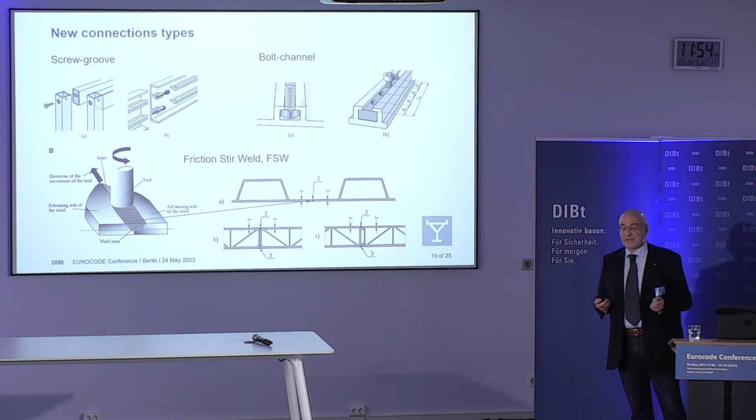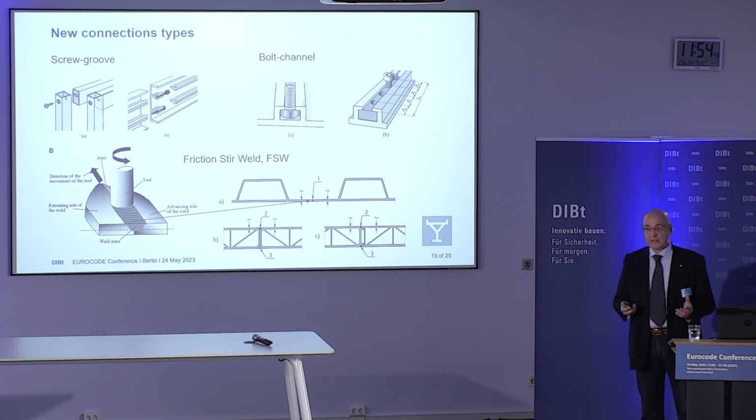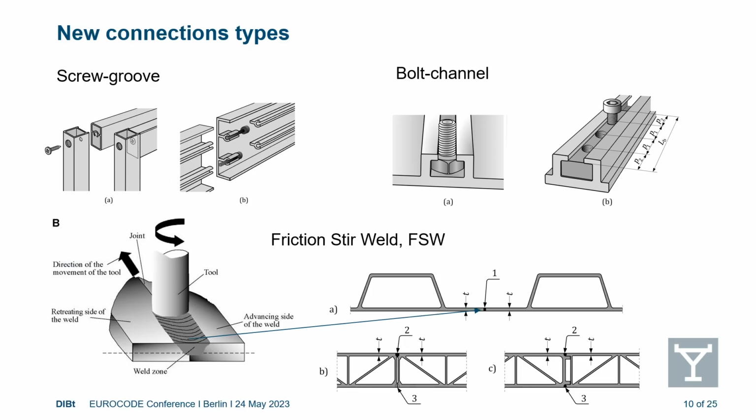And this can represent a way to make a more rational design, so saving money, saving reaction time, and so on. And this is one of the points which can be favorable to aluminium and it can make aluminium competitive with respect to other materials. That's the reason why we consider new connection types.